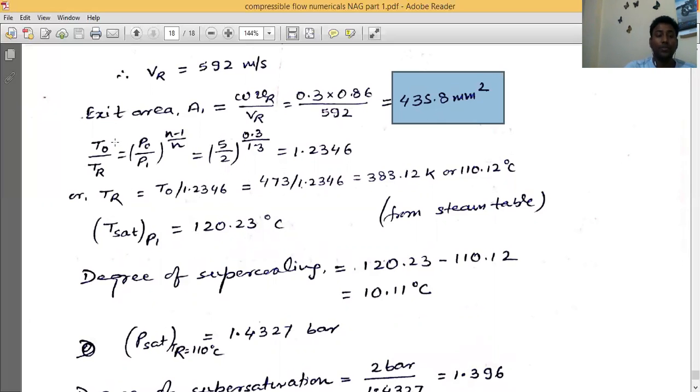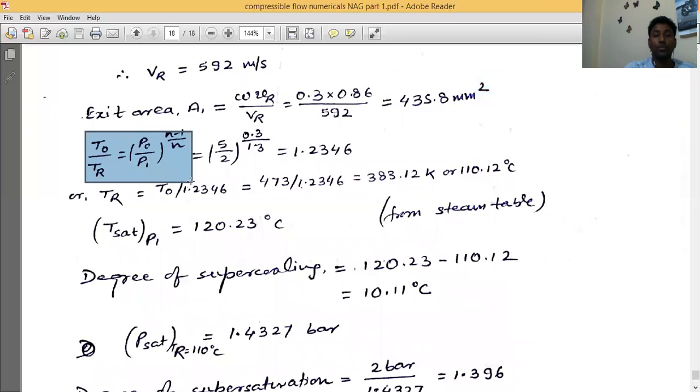Since the supersaturation flow follows the relation PV to the power 1.3, in a similar fashion we can get the relationship between temperature and pressure. So the temperature pressure relation we get like this one. From this expression, Tr can be obtained by knowing T naught, which is given, P naught is given, P1 is known, and n, that is the exponent, is also given.